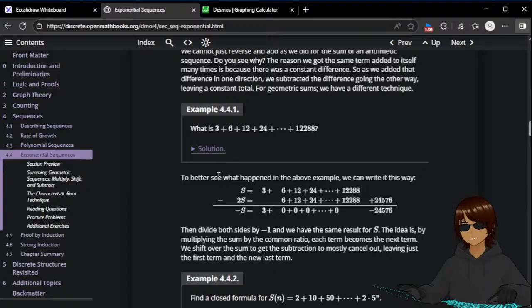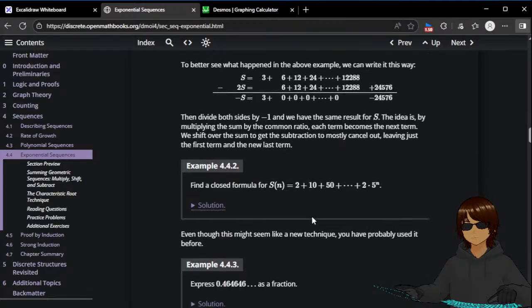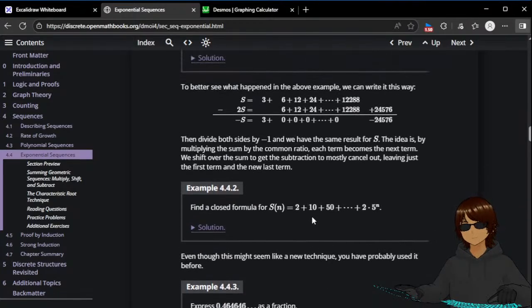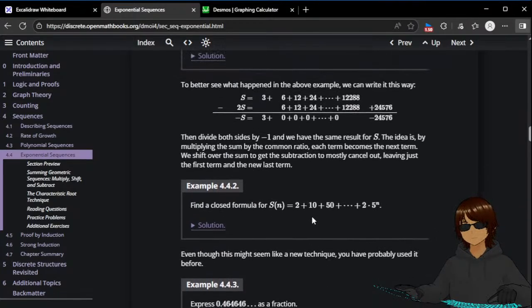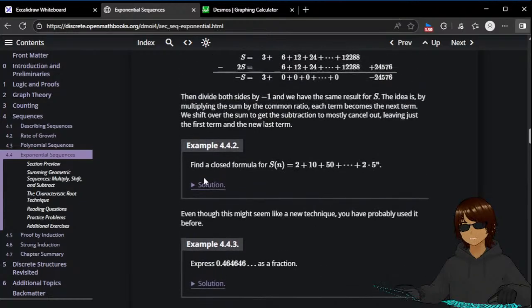To better see what happened in the example above, we can write it this way. Find a closed formula for Sn. Okay, we already know how to do that. 2, 5, 5, 5. Okay.